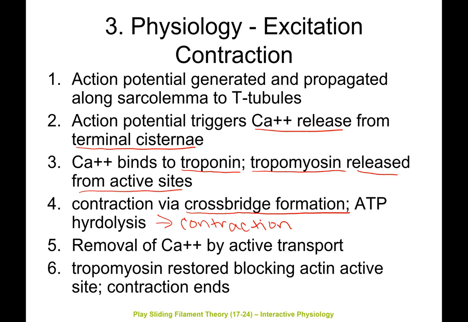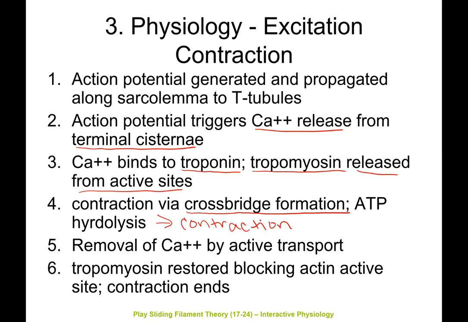If calcium unlocks the chastity belt, the last thing we want is calcium hanging around after we've gotten a contraction. So the terminal cisternae act like vacuum cleaners and they suck it back up. That's going to cause troponin and tropomyosin to cover back over the active site. And myosin can no longer attach to actin, so the sarcomere lengthens back out and the contraction ends.